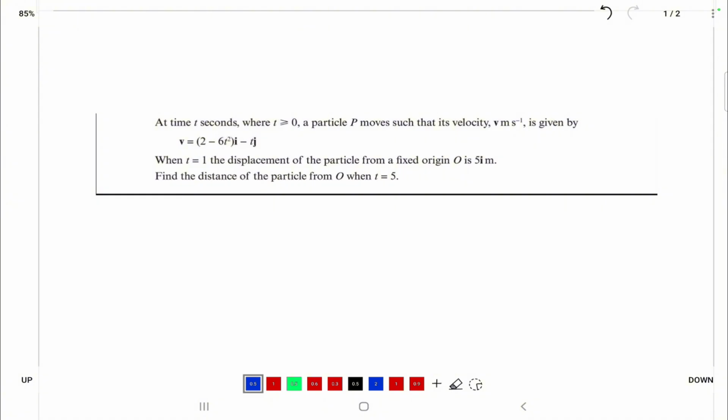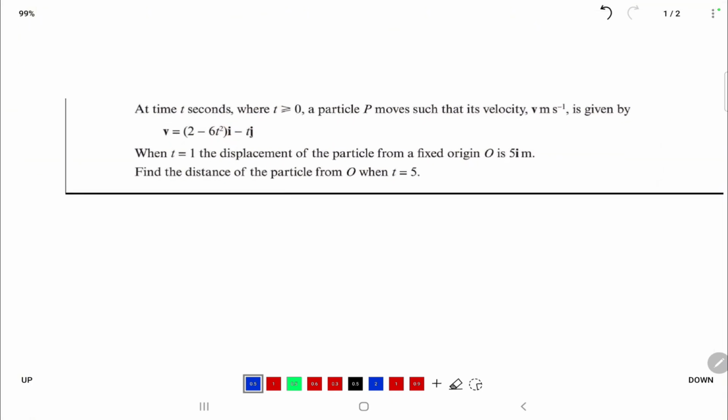The example is, at time t seconds where t is larger than 0, a particle P moves such that its velocity v is given by v equals (2 minus 6t squared) i minus t j, where i is the unit vector in the x direction and j is the unit vector in the y direction.